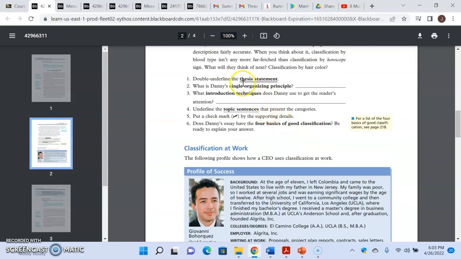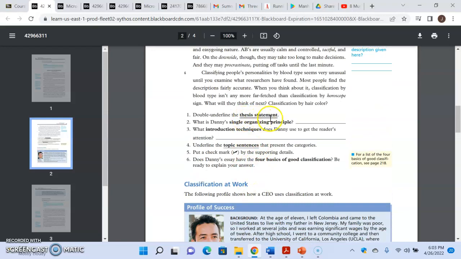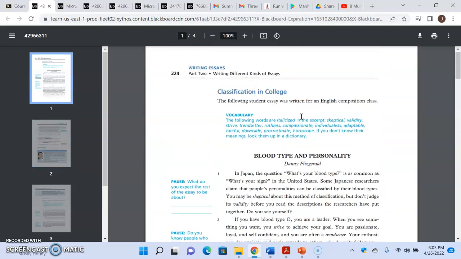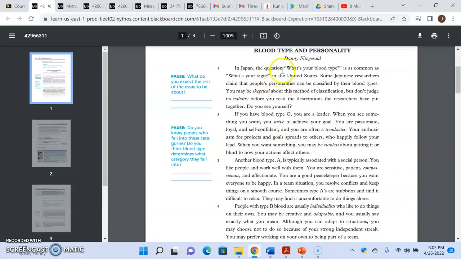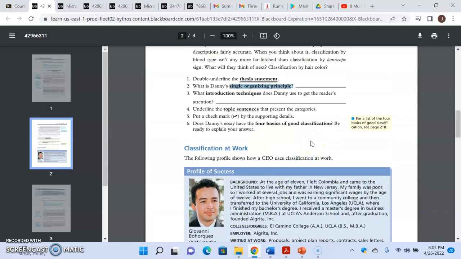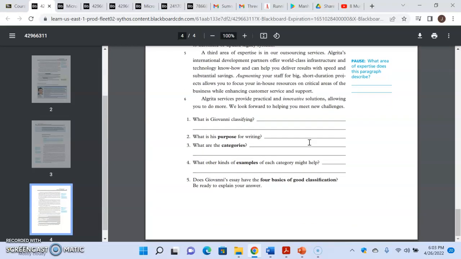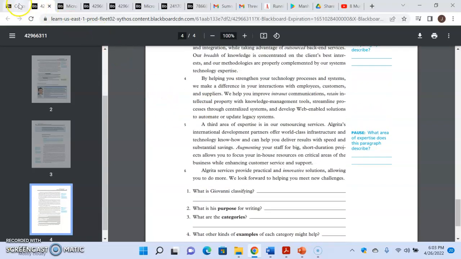And it asks you to do the basics of an essay, which is to identify the thesis statement, how did they introduce, but more importantly, is there an organizing principle? How did the author of this essay choose to organize the essay? What is the organizing principle? How did they classify? How did they divide, right?